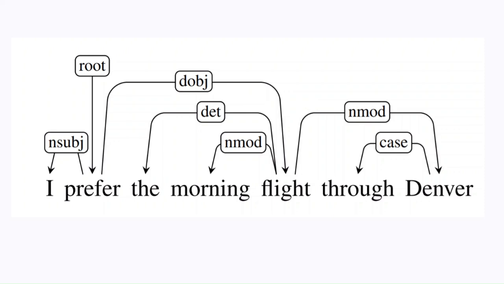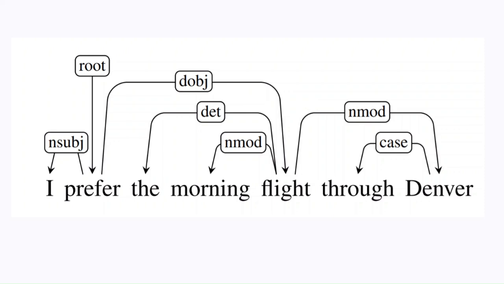So here, what can be the root word? I prefer the morning flight through Denver. This is the sentence. So here if I remove the word prefer, I the morning flight through Denver, or else if I remove morning, I prefer the flight through Denver, or else if I remove Denver, then I prefer the morning flight through something. It's a space. But if I am not using the word prefer, we don't have the meaning of the sentence.